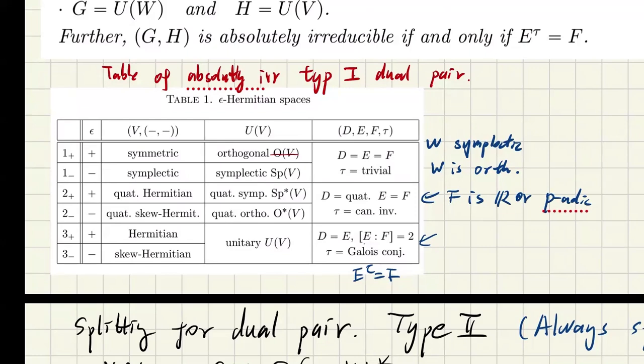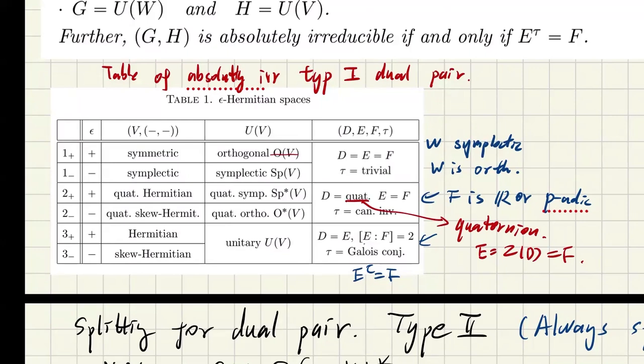Okay, so in this case, you will have a quaternion algebra, and E is the center of the quaternion, which is equal to F. Tau is the canonical involution on the quaternion.